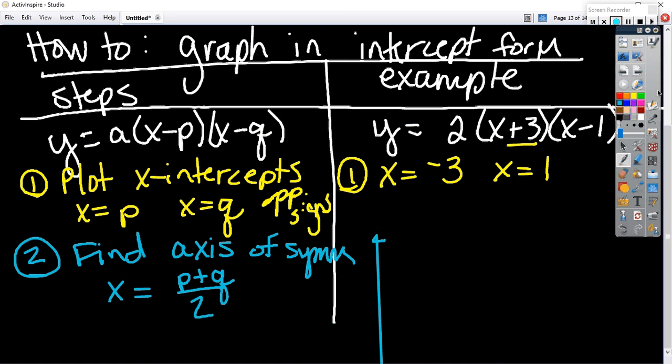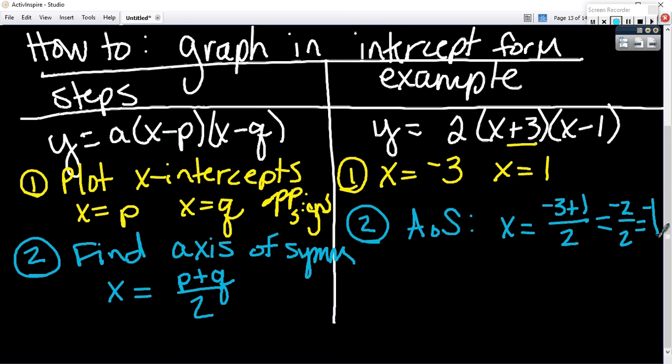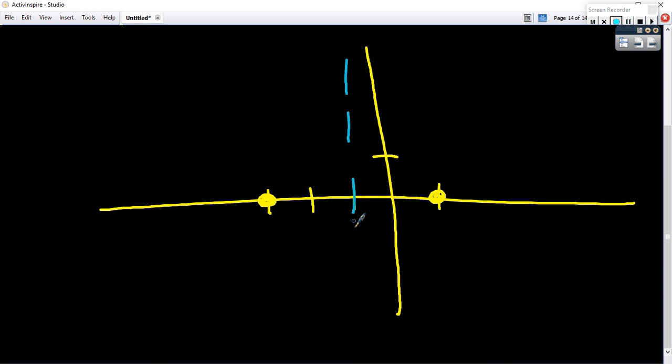So over here, my axis of symmetry is going to be -3 plus 1 divided by 2. -2 over 2, which is -1. Is anybody confused by that? You could easily look at this one and count, but you'll have some that may be fractions or decimals. You'll really need to average them together to find the middle. This one was an easy average. So -1 is my axis of symmetry.